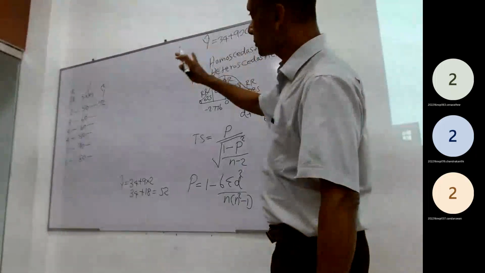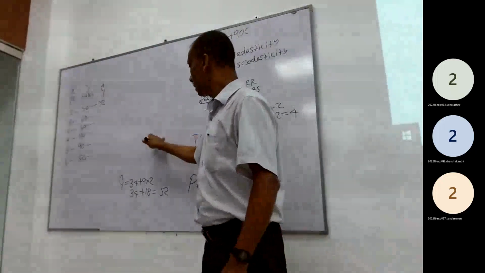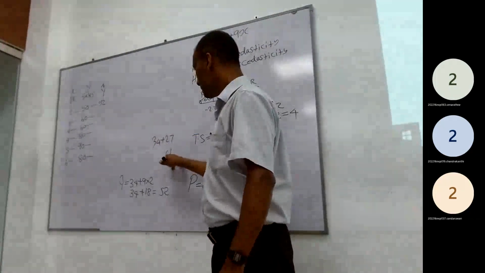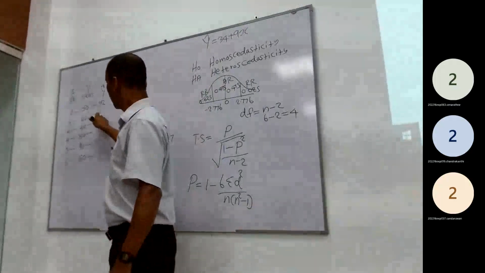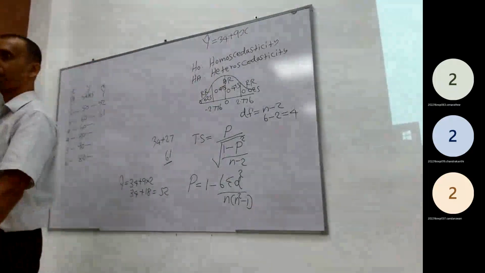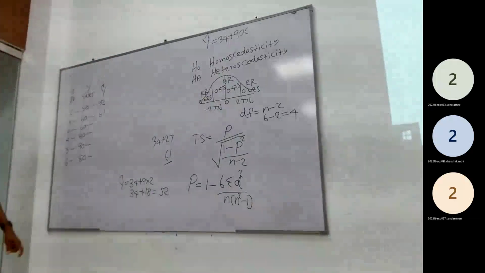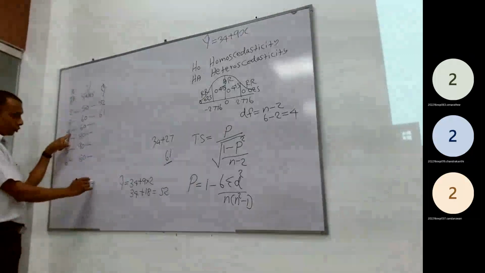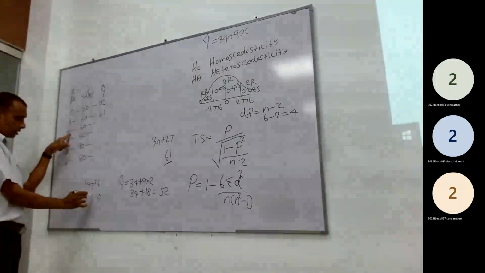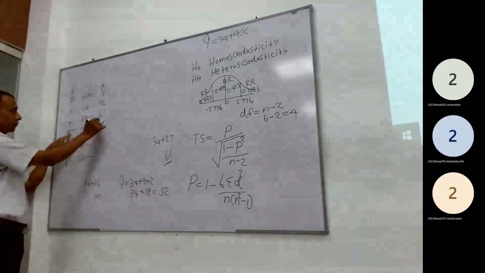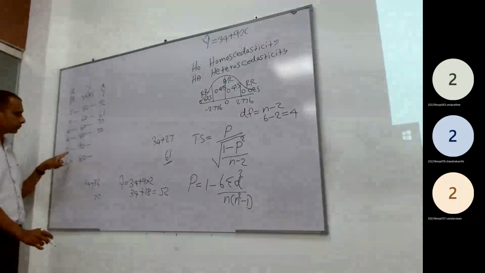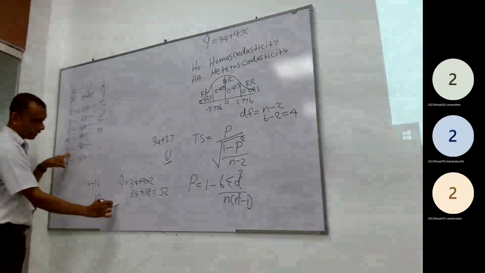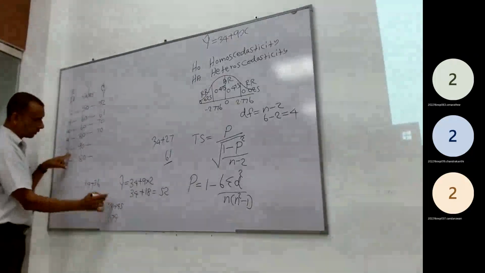Then the second one, substitute 3: 9 into 3 is 27, 61. Then substitute 4: 34 plus 9 into 4, 36, 70. Then 5: 34 plus 9 into 5, 45, 79.